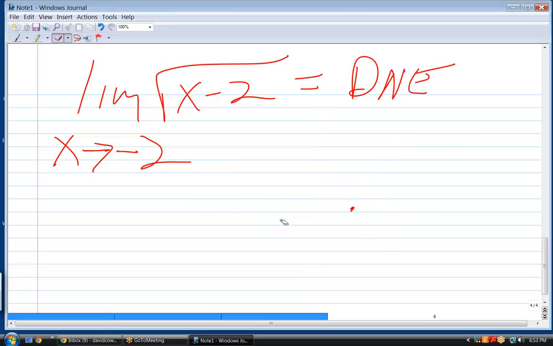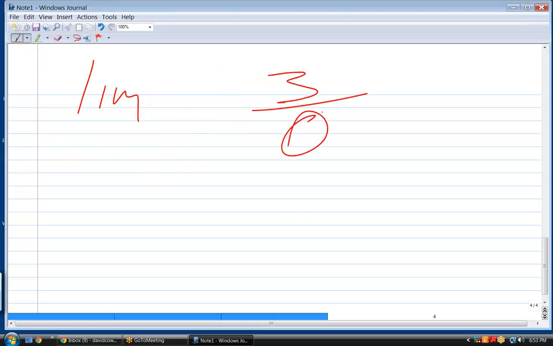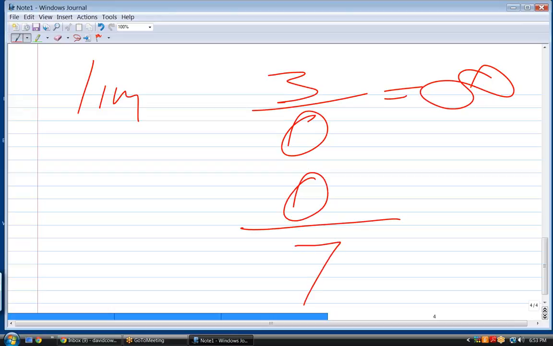That makes sense, probably. I don't like that, but I don't like this problem as a way of teaching limits. In other words, most things end up with a number over 0, that's infinity, or 0 over a number, that's 0.